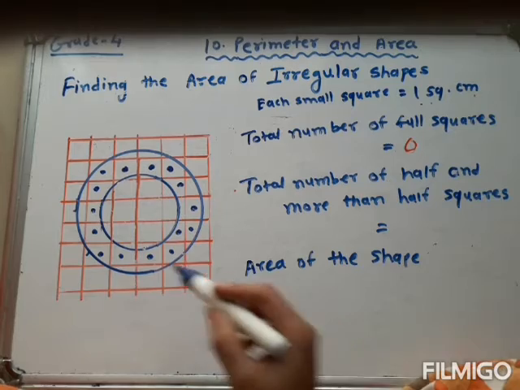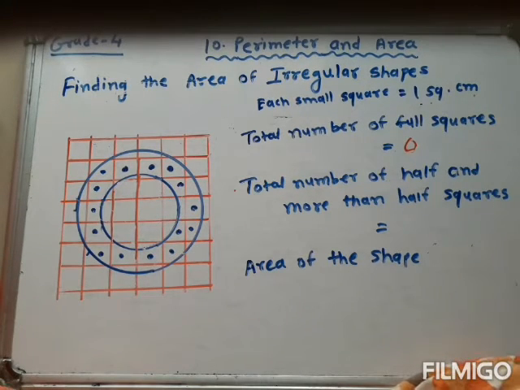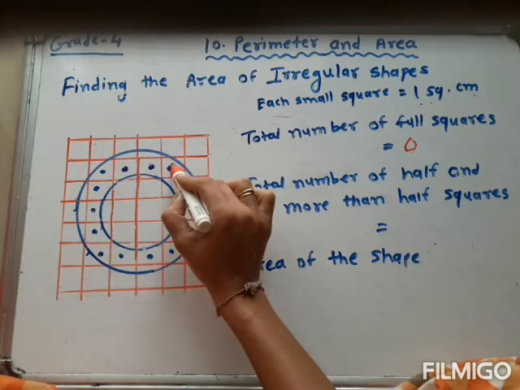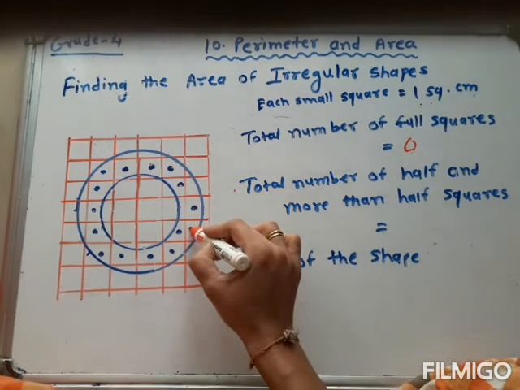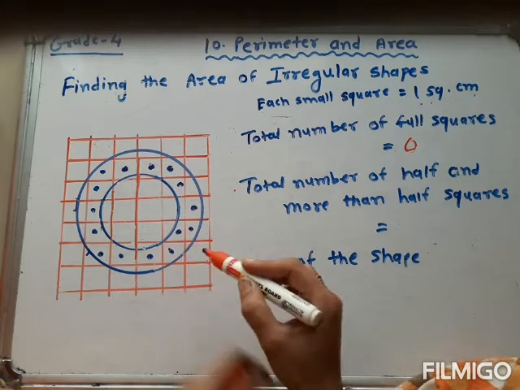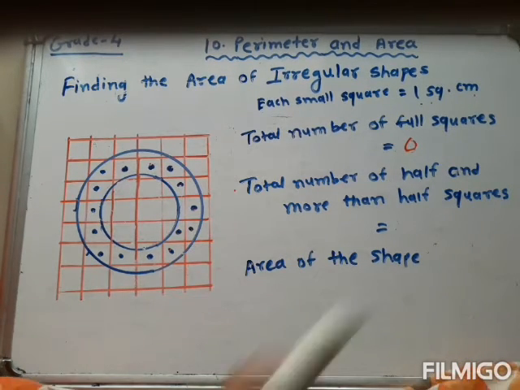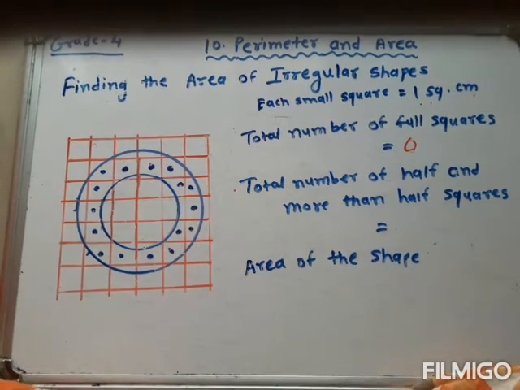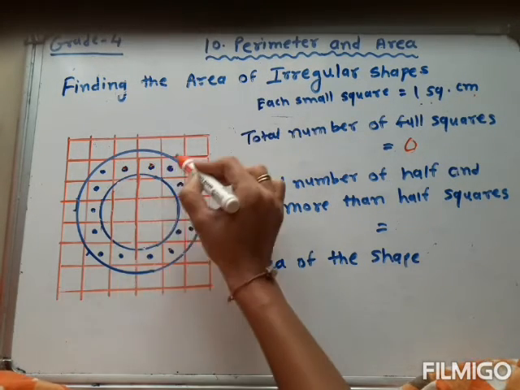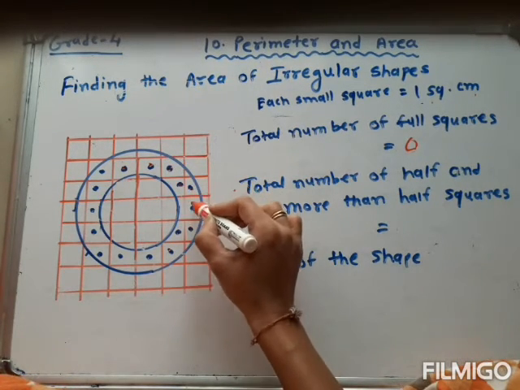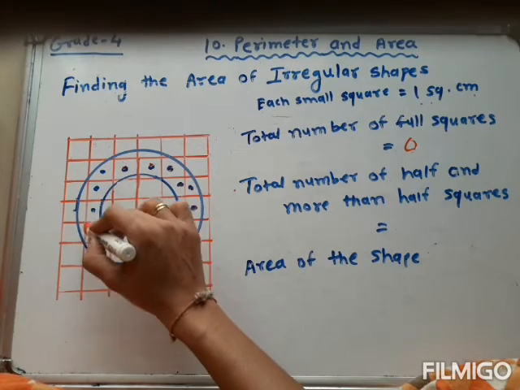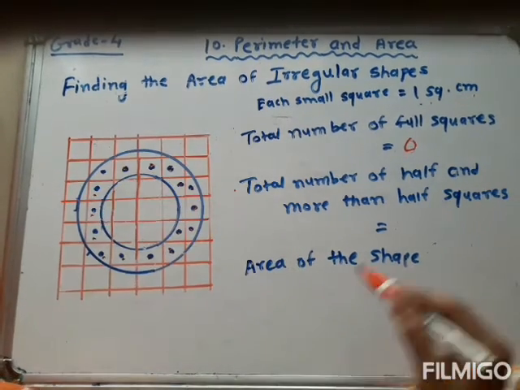Now we count the total number. See here, we count 1, 2, 3, 4, 5, 6, 7, 8. Sorry, we get one more here. So again we start counting from 1: 1, 2, 3, 4, 5, 6, 7, 8, 9, 10, 11, 12, 13, 14, 15 and 16.